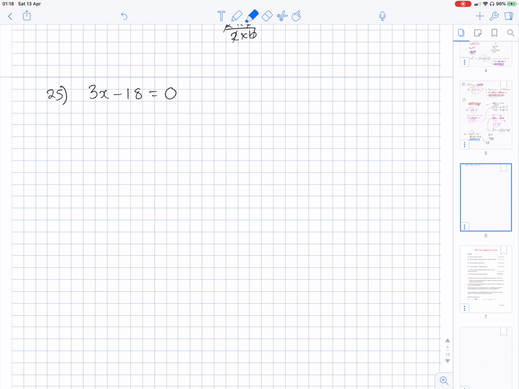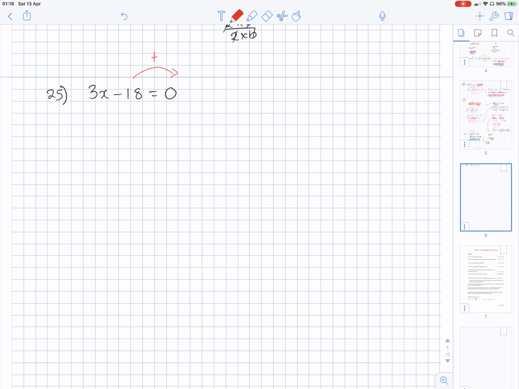First thing we do is to separate this expression, which has a number and a letter, and this one here, which is just a number. So we're going to push the 18 to the other side.